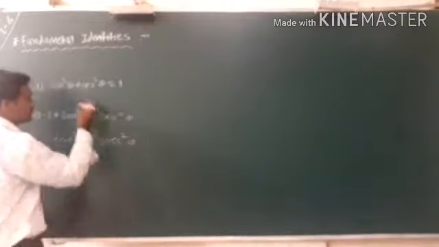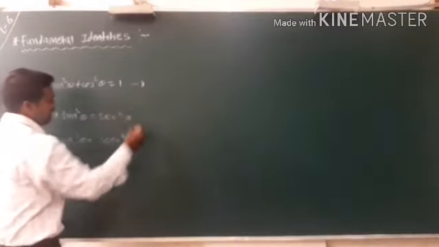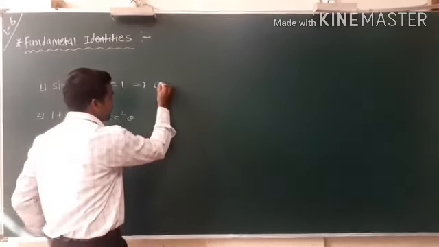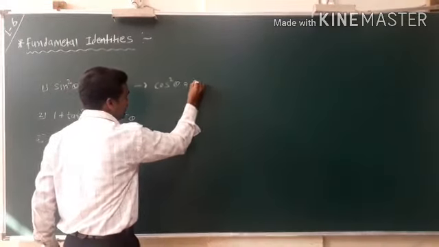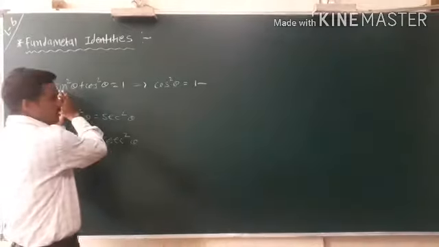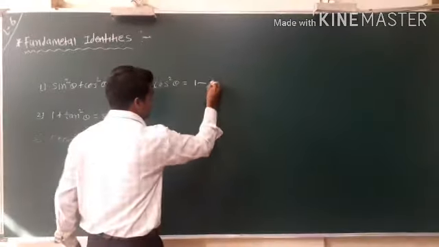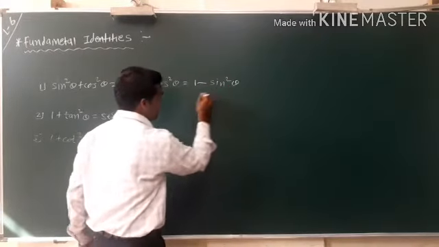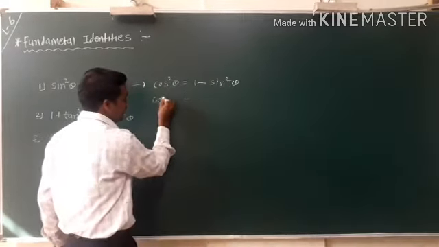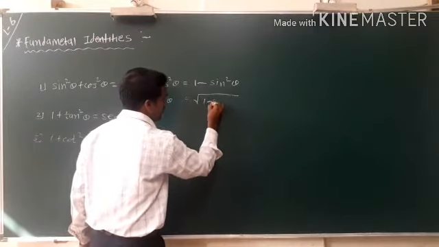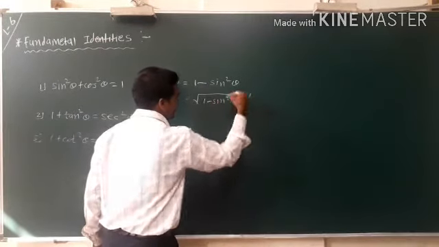Okay, so let us convert the first identity into other forms. Cos square theta equals 1 minus sin square theta, so cos theta equals the square root of 1 minus sin square theta.